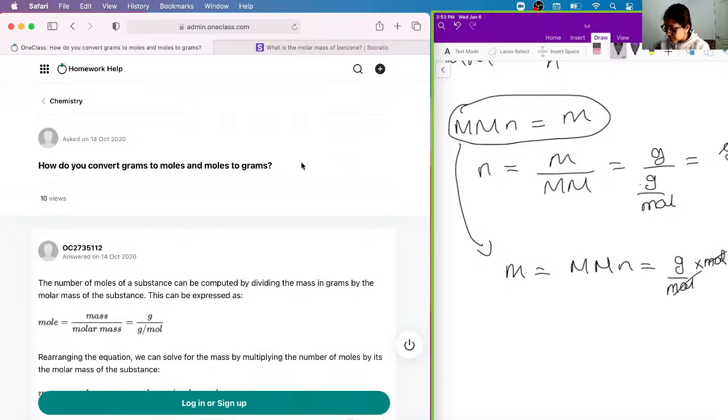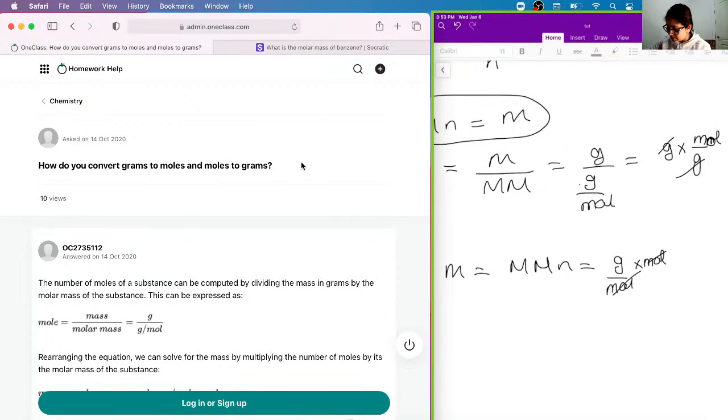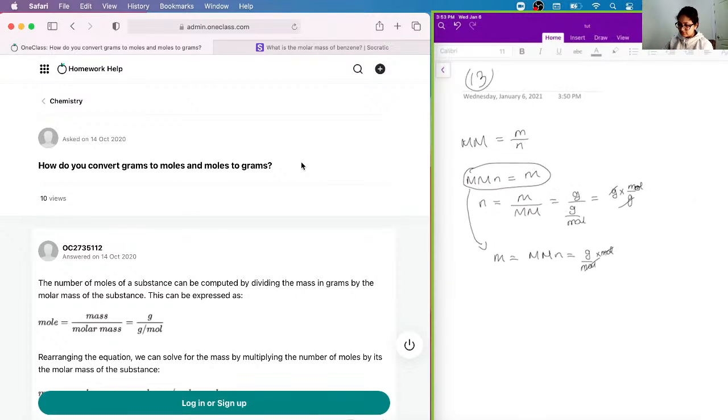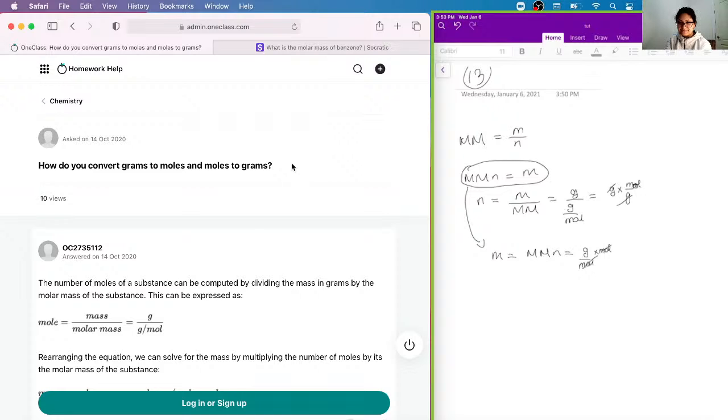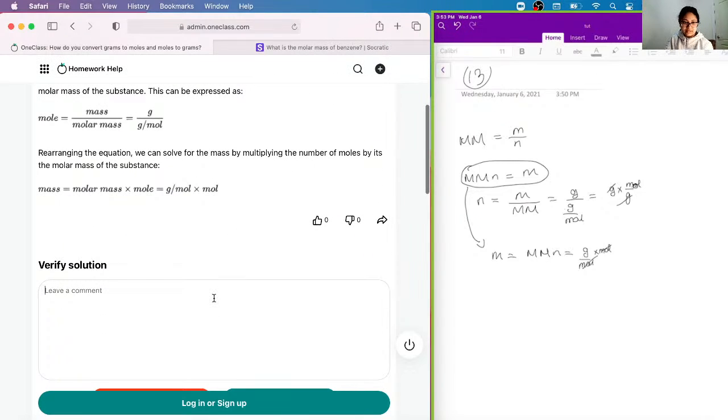As you can see, your moles get cancelled and you're just left with grams. This is how you get mass from molar mass and the number of moles. It's just rearranging the equation, and this is how you do this question. So the solution is correct.